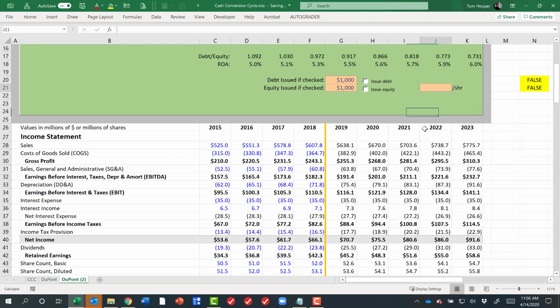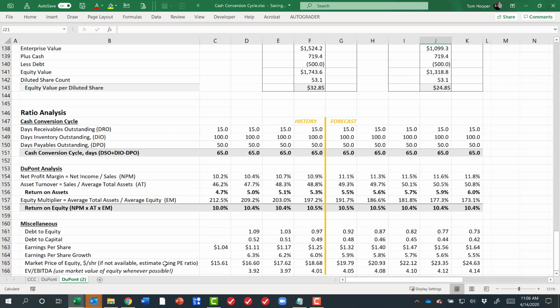So how do we estimate a dollars per share for issuing our equity? Well, if you'll recall, at the bottom of the model, we had a ratio down here for enterprise value over EBITDA, and that one required knowing what our market price of equity was. Market price of equity, we said if we had a historical stock price, it would be wonderful to put that in.